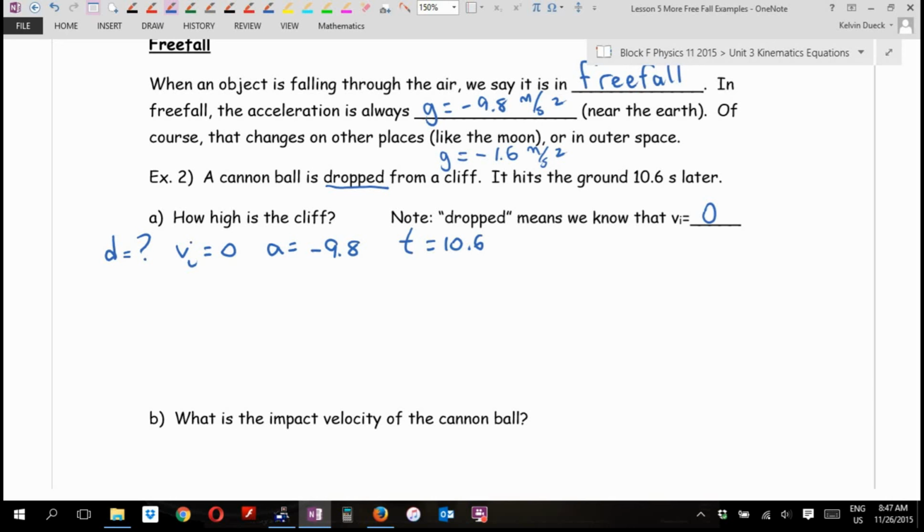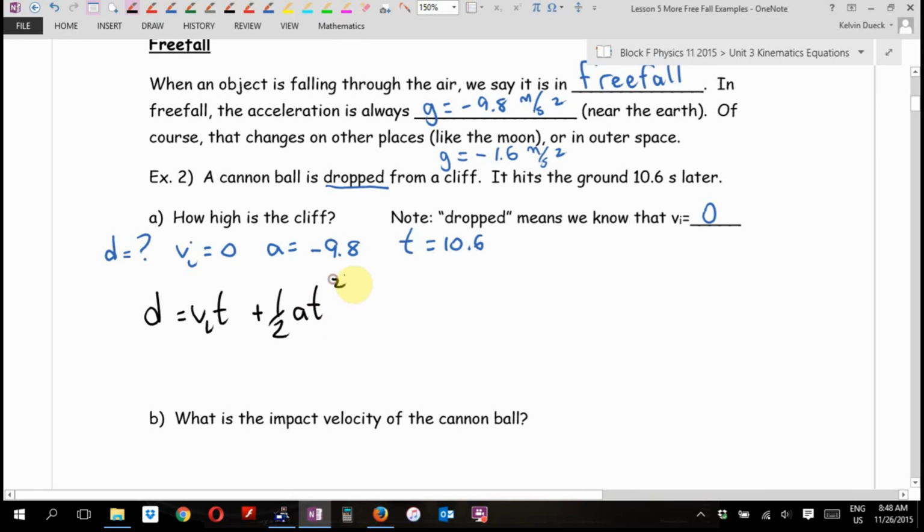So, what equation has D, VI, A, and T in it? Which one, Court? Hey, Courtney, are any of these 0?